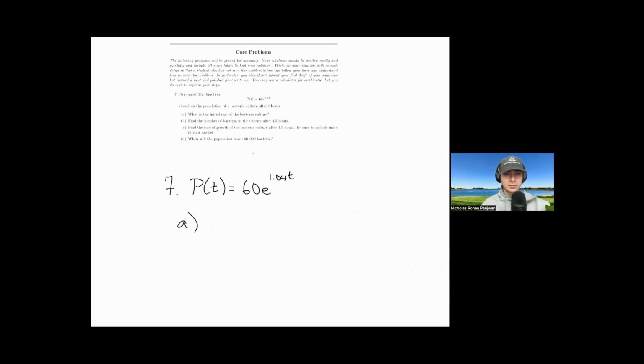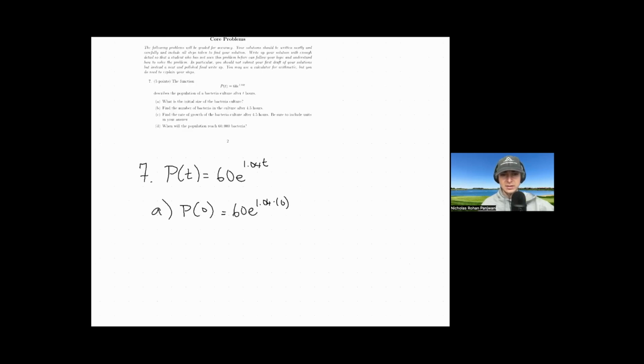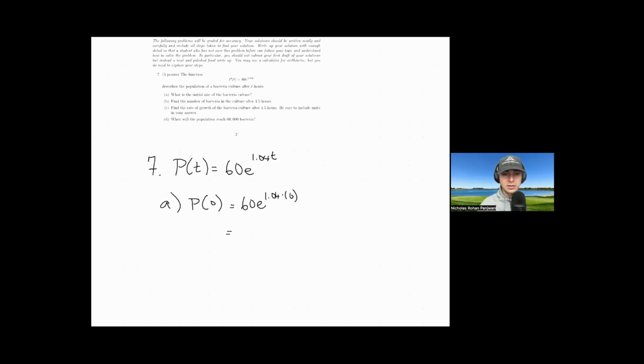Okay, so the initial size means P at time 0, after 0 hours. So that's 60 e to the 1.04 times 0. 1.04 times 0 is 0. e to the power of 0, or anything to the power of 0 for that matter, is 1. So 60 times 1 is 60.